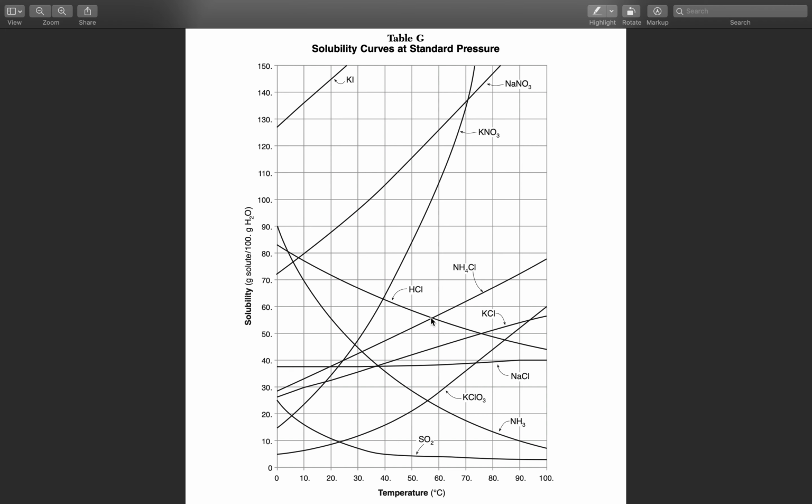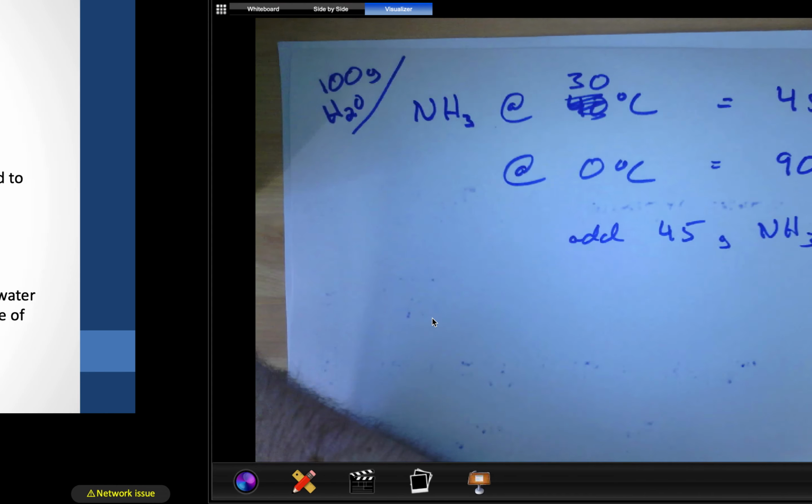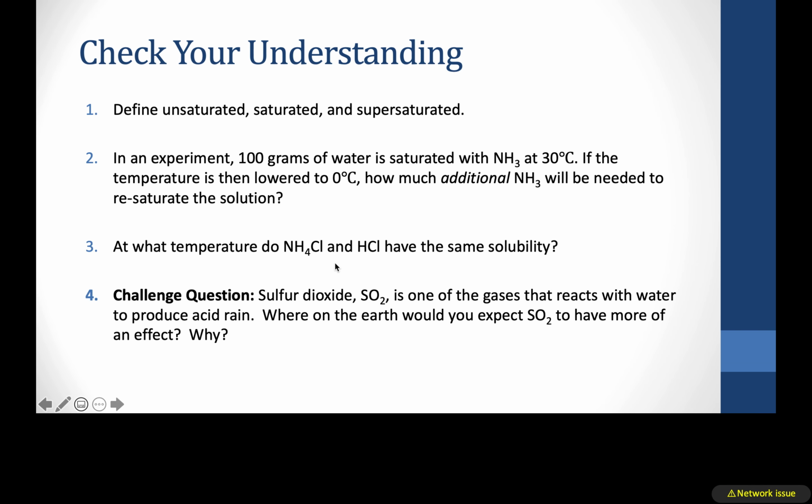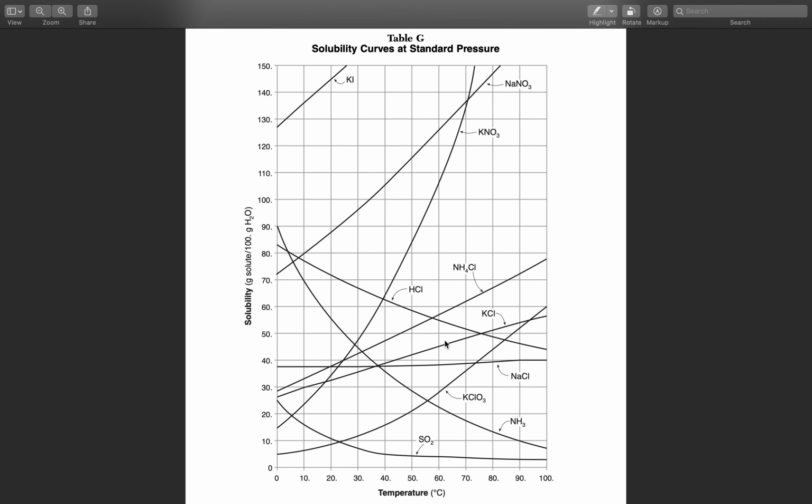So both of these substances, HCl and NH4Cl, at 58 degrees Celsius have the exact same solubility. It's where these lines cross, okay? So I think it asks for the temperature. Yeah, so the temperature would be 58 degrees Celsius, where these two lines cross. They have the same solubility.